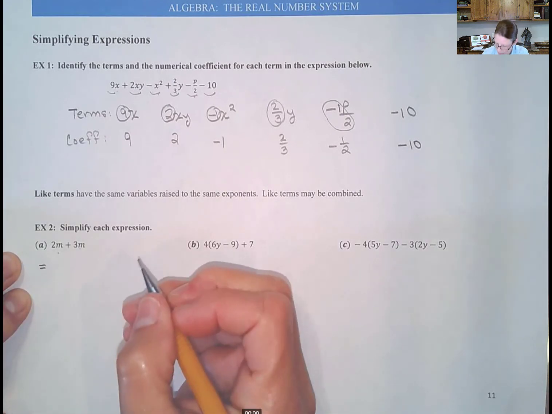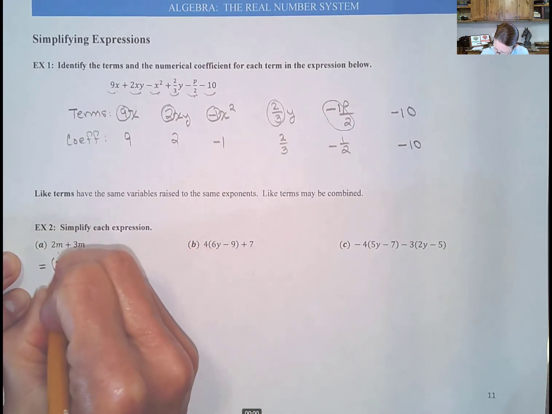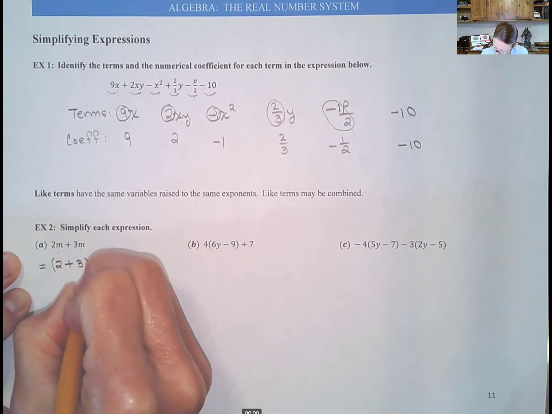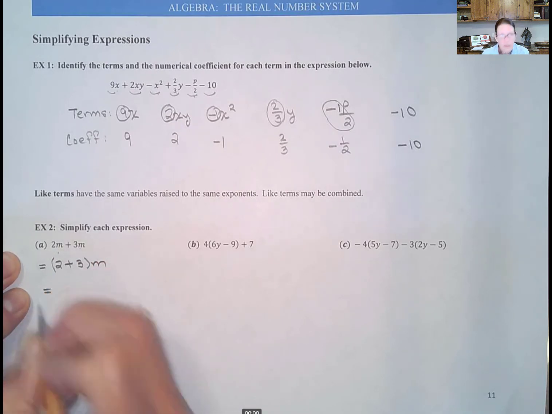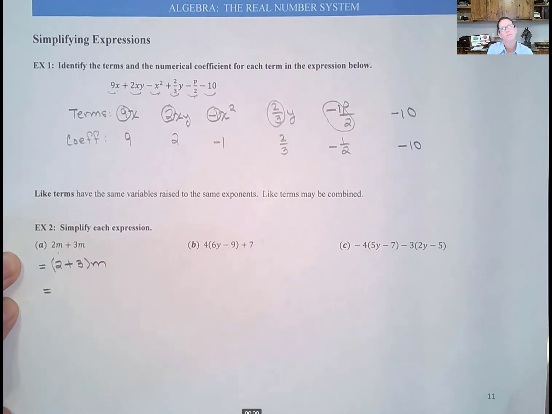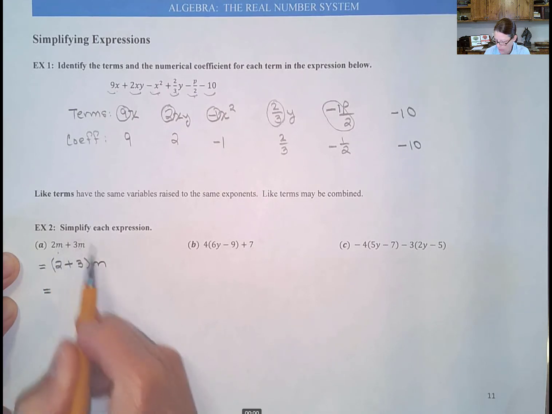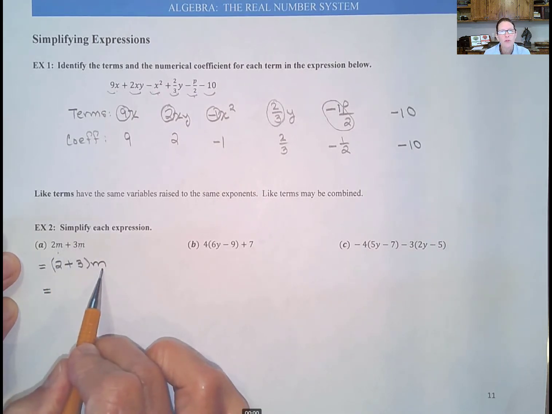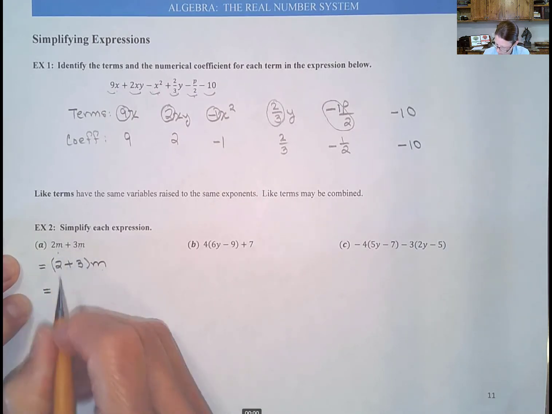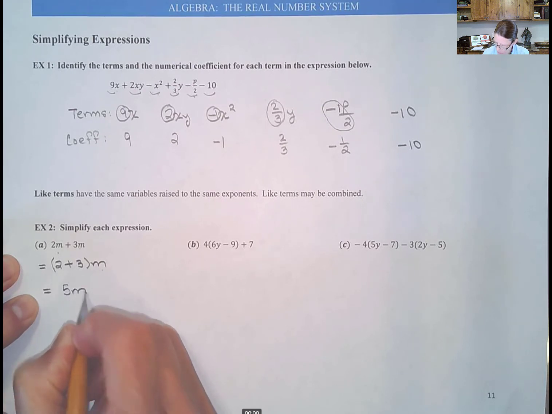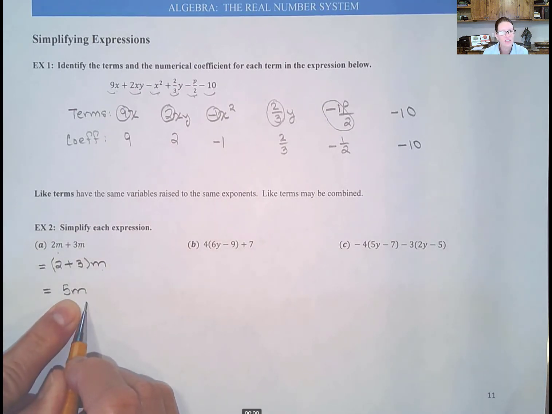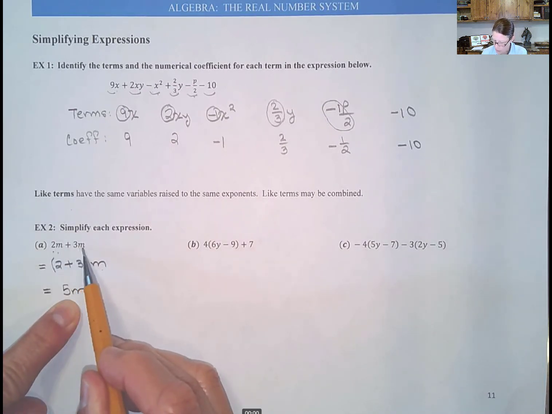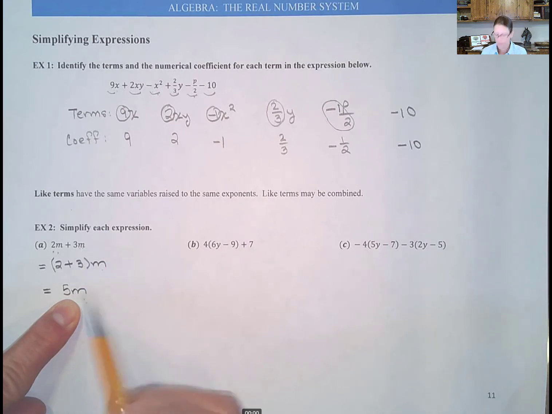So we can combine them, and what allows us to combine them is actually use of the distributive property backward. Okay, we can pull that m away from our numbers 2 and 3 and add them. As we simplify this expression by combining the like terms, 2m plus 3m is 5m.